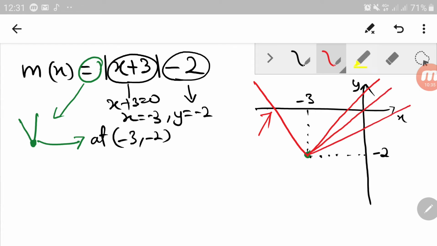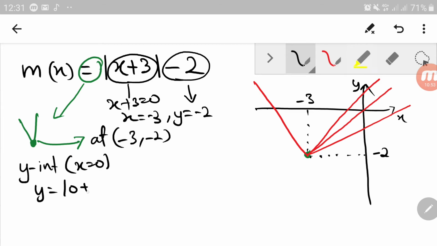So we need to find which one is correct. We will know when we get the y-intercept. The y-intercept happens when x equals 0. So y equals 0 plus 3 minus 2, which is 1. So we are expecting a positive y.